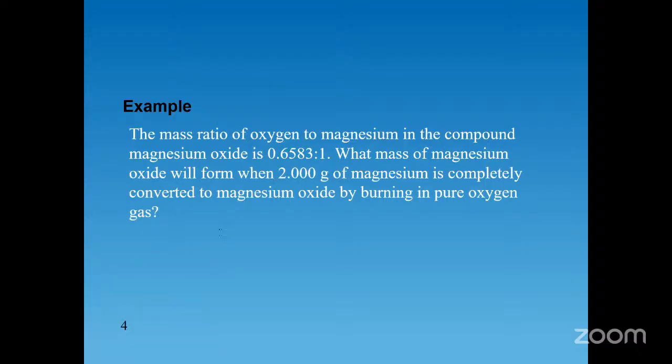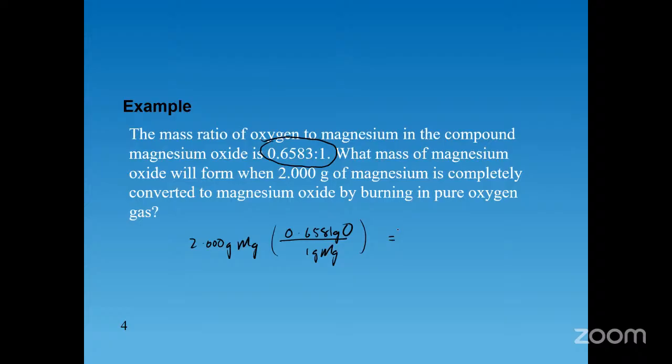So, 2.000 grams of magnesium, and I'm going to multiply that by 1 gram of magnesium down here as a denominator, and up here I'm going to have 0.6583 grams of oxygen, right? Because that is the ratio of oxygen to magnesium in magnesium oxide. The purpose of doing that is to find the mass of oxygen that reacts with the 2.000 grams of magnesium.